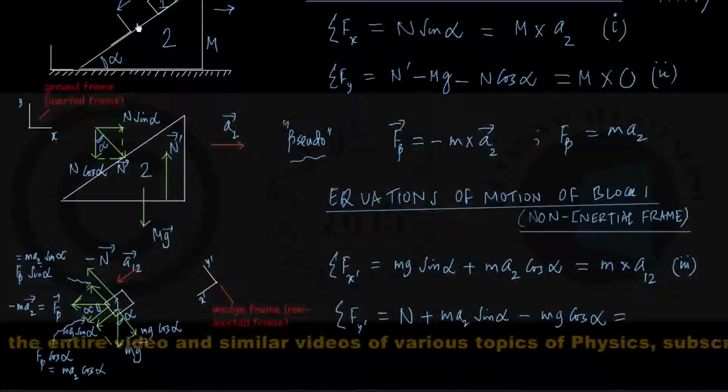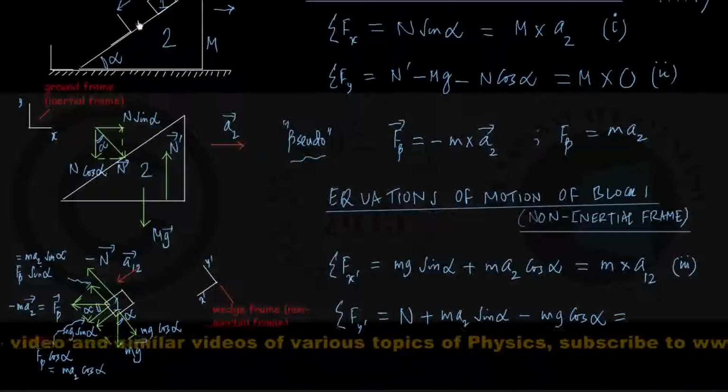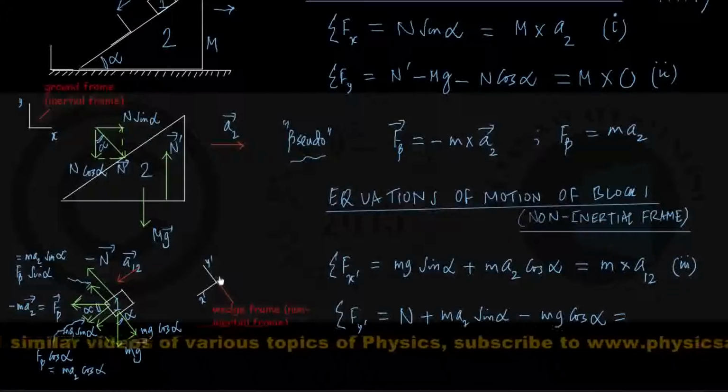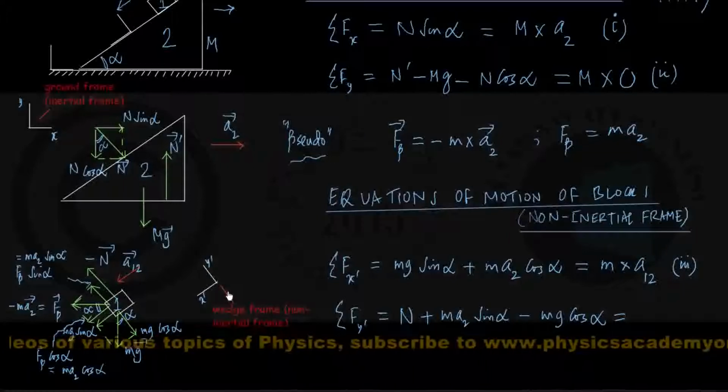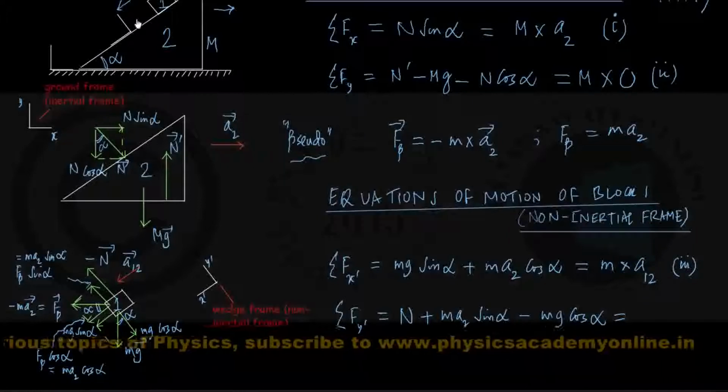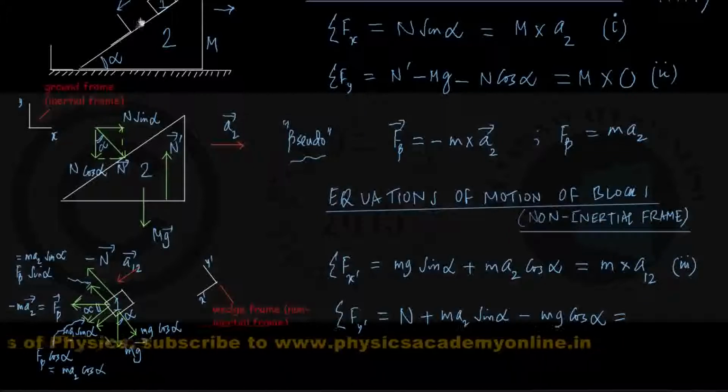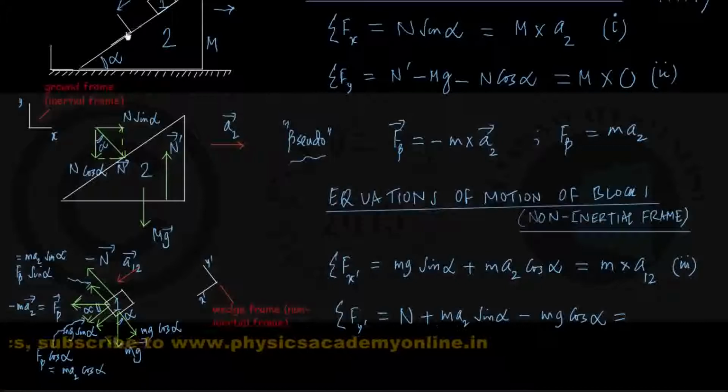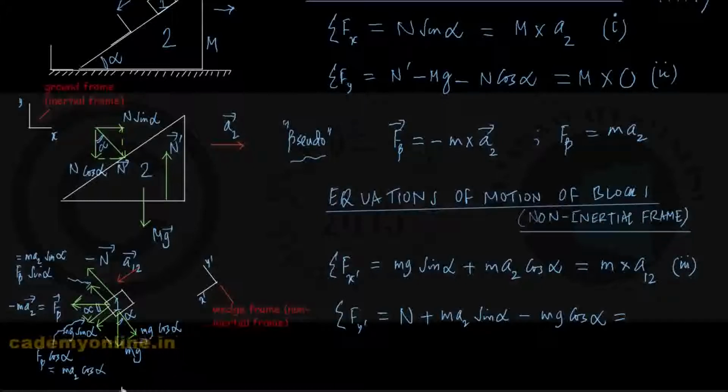That means the block does not leave the inclined face. It has got no motion in either y dash or minus y dash direction, because the block remains in contact with the inclined face all the time. So all the motion taking place in the x dash direction, and there is no motion taking place perpendicular to this inclined face. So you could write down in my y dash direction, acceleration of the block is simply 0. So that's my equation number 4.